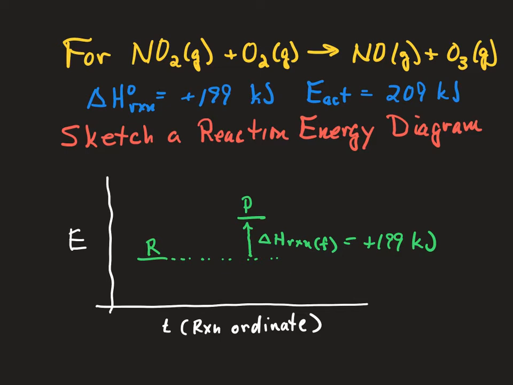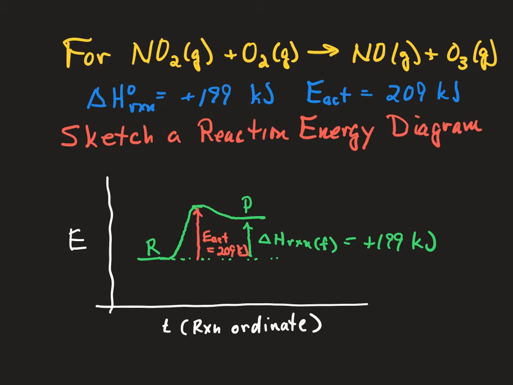So if that's plus 199, then our peak here is going to represent our activation energy, right? So our activation energy is plus 209 kilojoules. And so if we're tracing this, we've got to go from here up to the 209 and then back down to the plus 199.